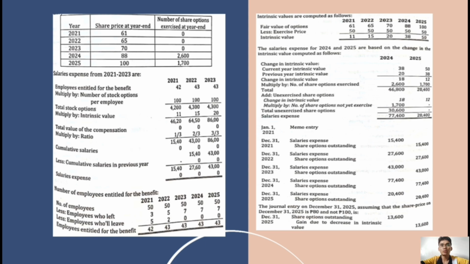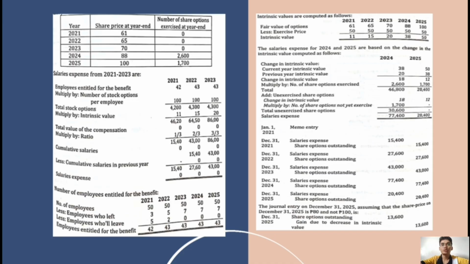So the total stock options are 4,200 in 2021, 4,300 in 2022, and 4,300 in 2023. They are just being multiplied by the 100 stock options. Means 42 times 100 equals 4,200. 43 times 100 equals 4,300. 43 times 100 equals 4,300 in 2023.